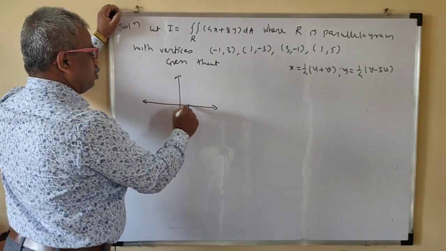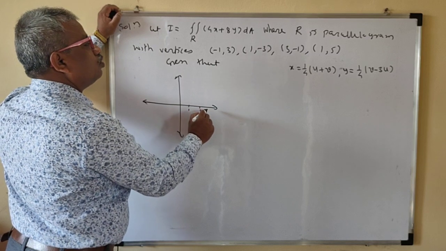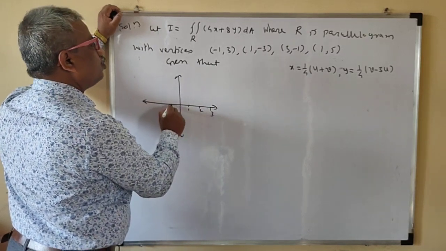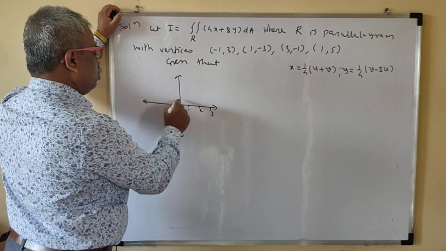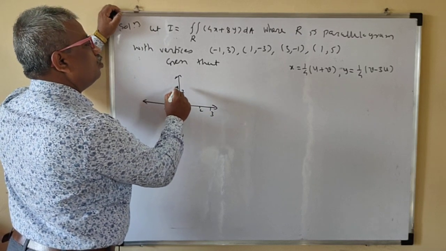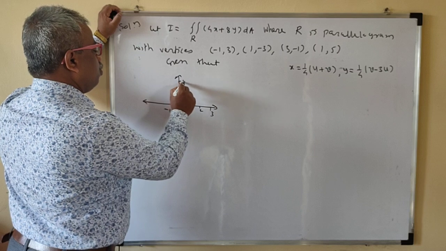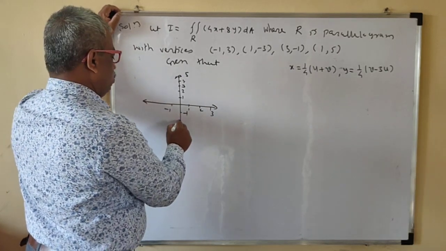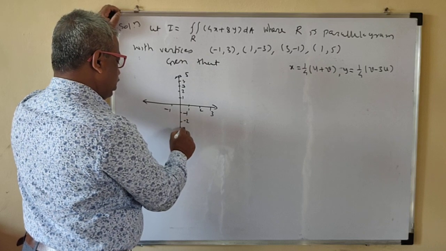Suppose this is 1, 2, 3 and this is minus 1, 1, 2, 3, 4, 5 and minus 1, minus 2, minus 3.